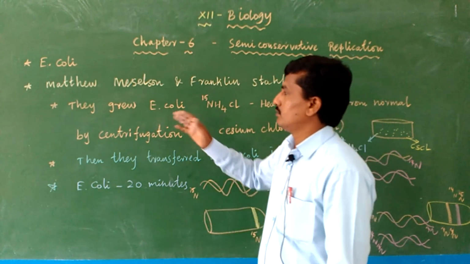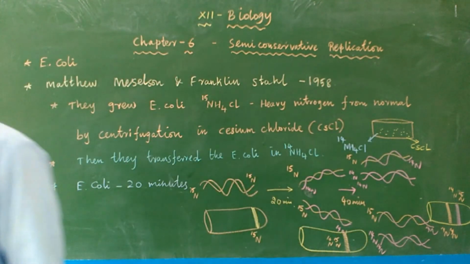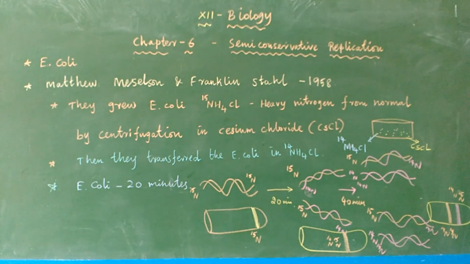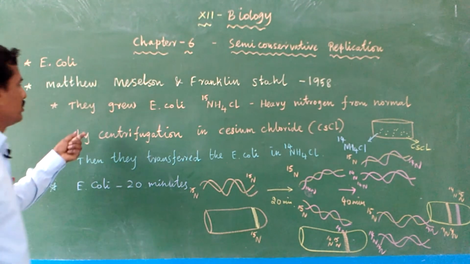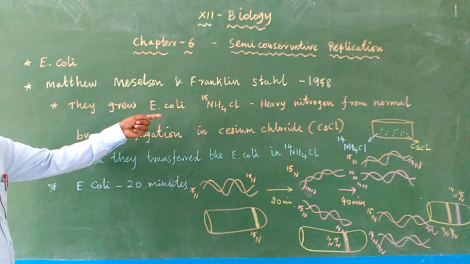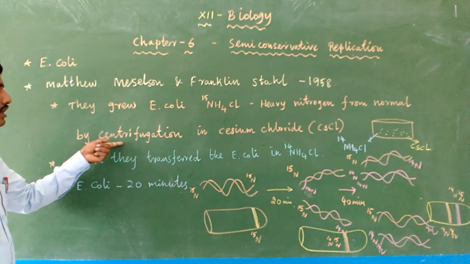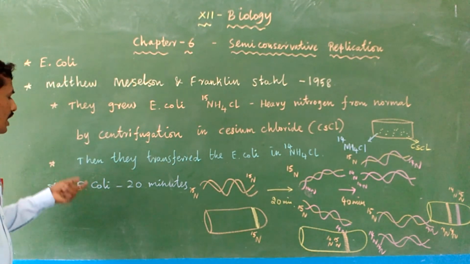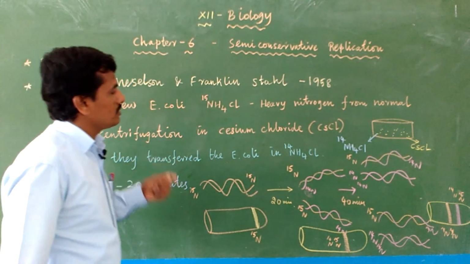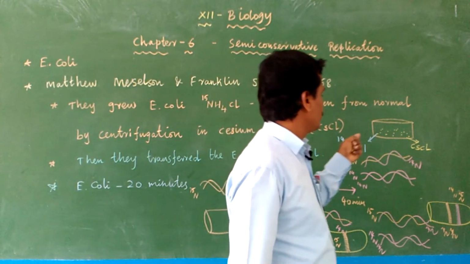Then the experiment by Matthew Meselson and Franklin Stahl. Okay, Matthew Meselson and Franklin Stahl did this experiment. They grew E. coli in ammonium chloride with heavy nitrogen, separated from the normal by centrifugation in cesium chloride, and then they transferred the E. coli into ammonium chloride 14.